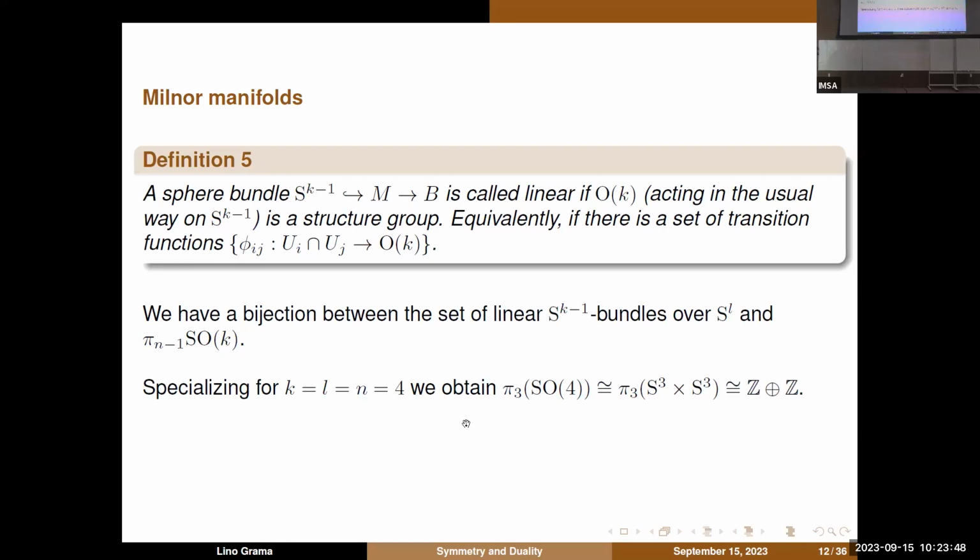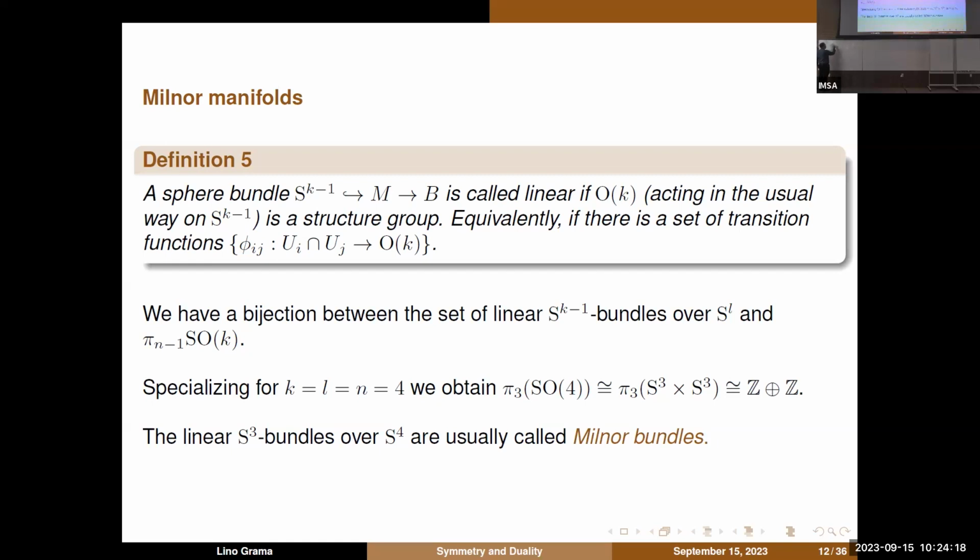In this case we have S3 bundles over S4, and the total space will be 7-dimensional. These bundles are parameterized by Z plus Z. If you pick two integers, we can produce an S3 bundle M7 over S4.